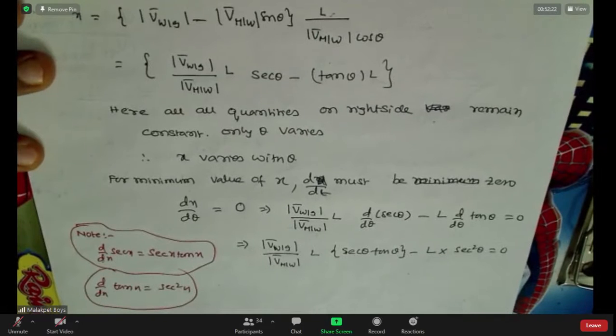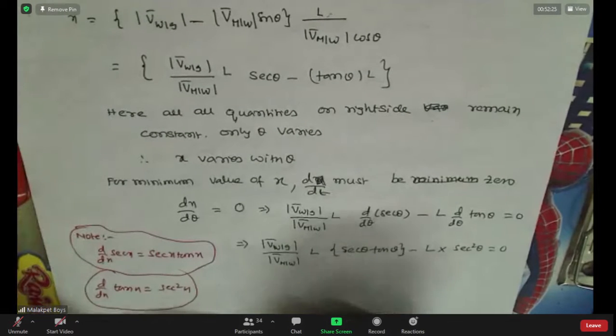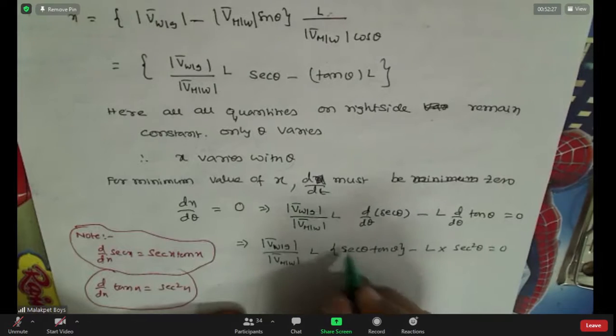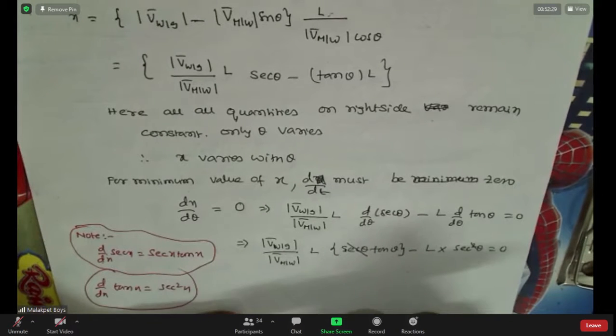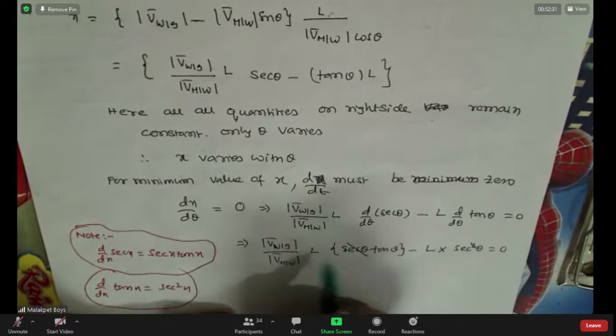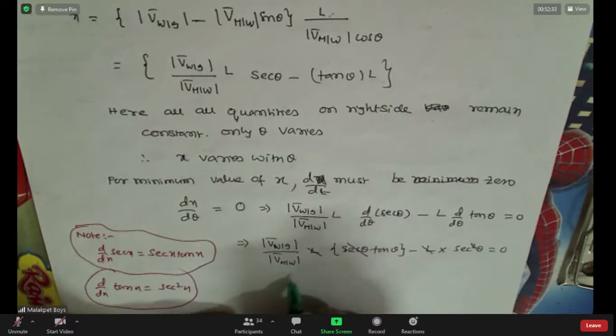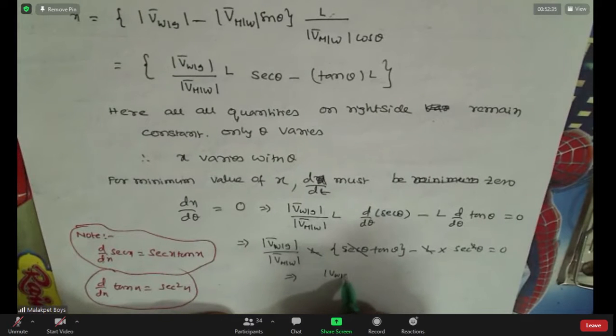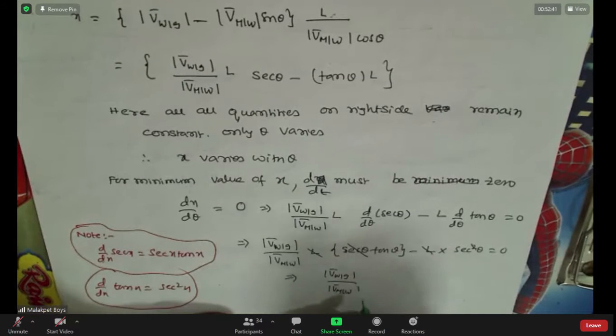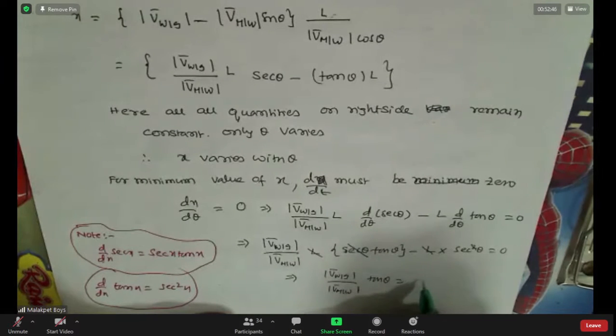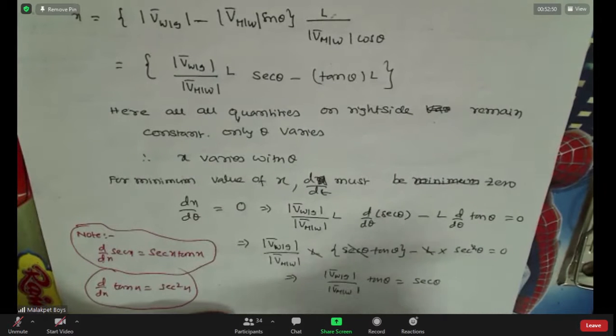Now from this, what you can conclude, secant theta will go over here. L will go away. Sir, again sin theta equal to. Agreed on this?